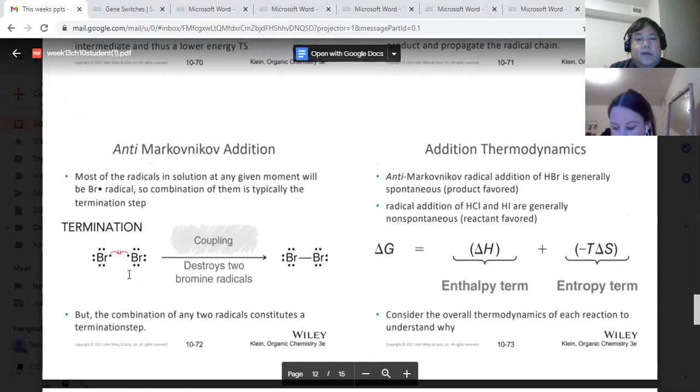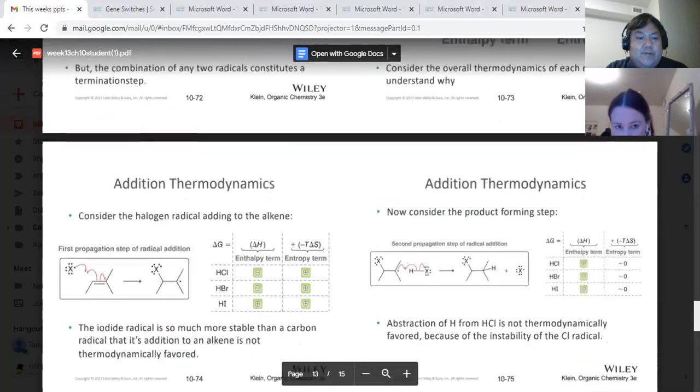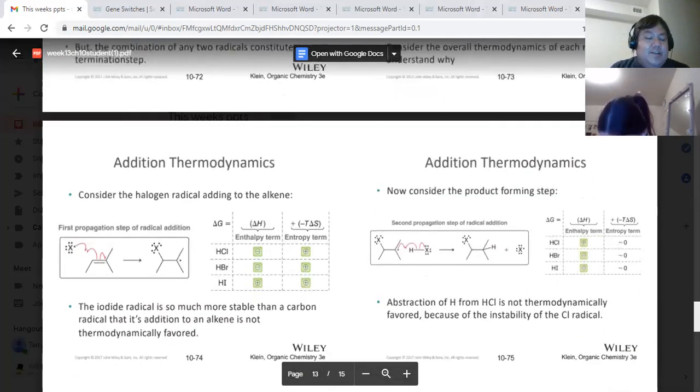And so talking about our addition again, our delta G, our enthalpy and entropy. When we think about this, we always have to consider the energy of the bonds breaking and forming, and what the entropy is in this reaction. Usually our entropy is not going to change much because we aren't changing the number of products and we're not changing phases as readily.